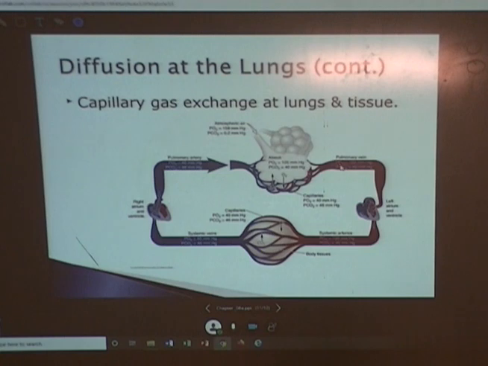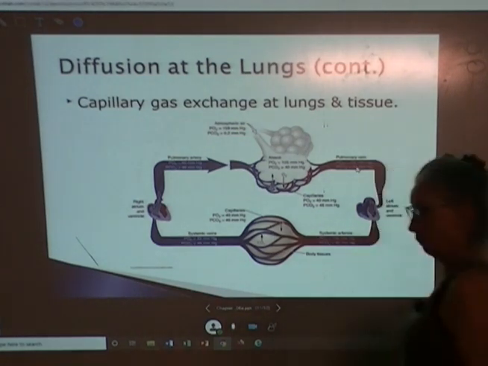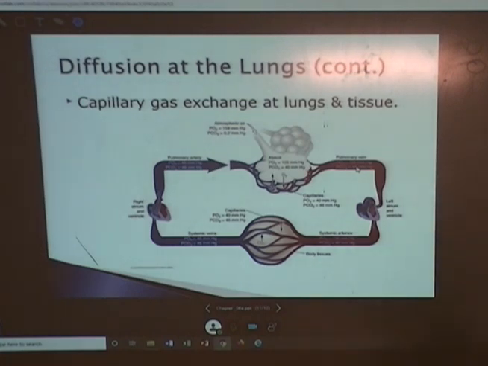When we look at the oxygen pressure in the pulmonary vein going back to the left atrium, it's about 100. Right? Ooh, that's 105, not 125.